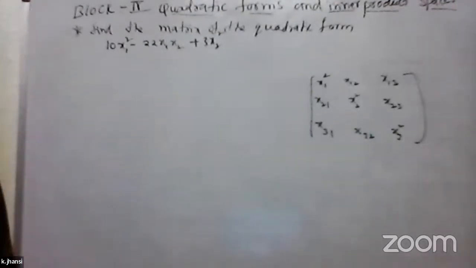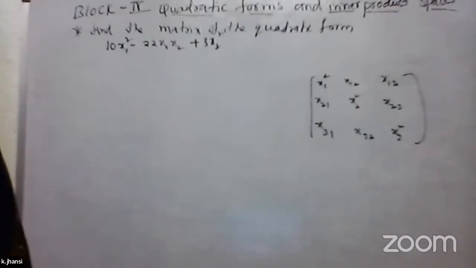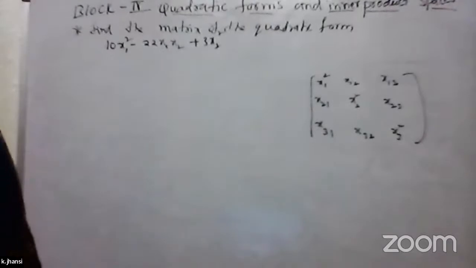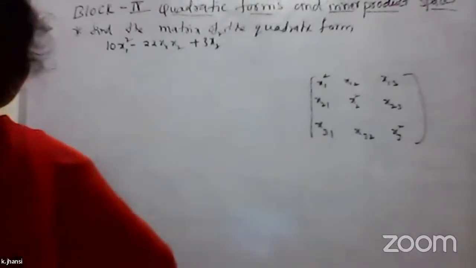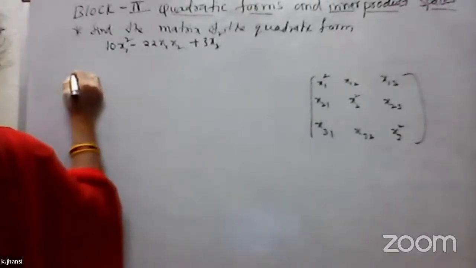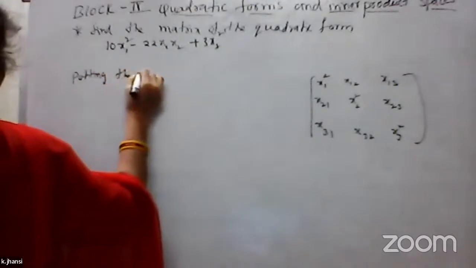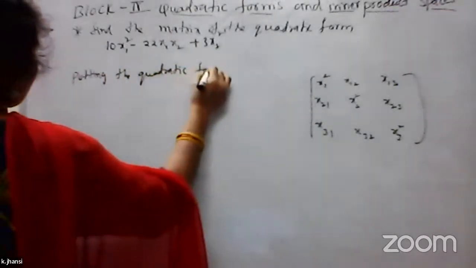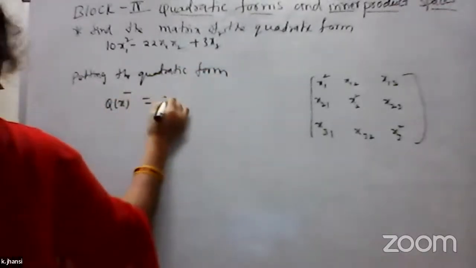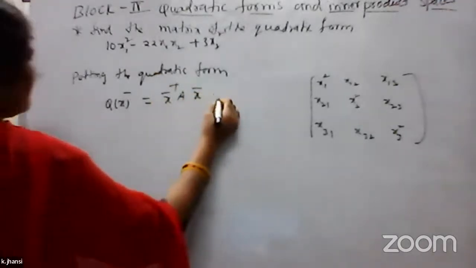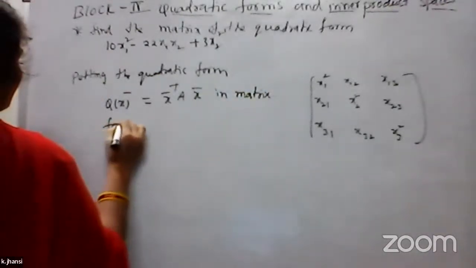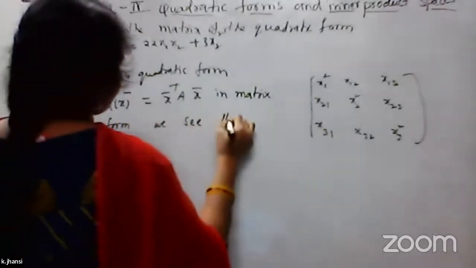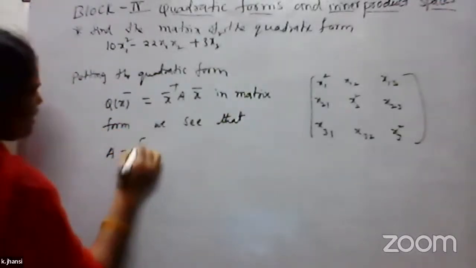So here in the solution, you can write putting the quadratic form q of x equals to, so whatever the matrix you are getting, you will get it as 10.